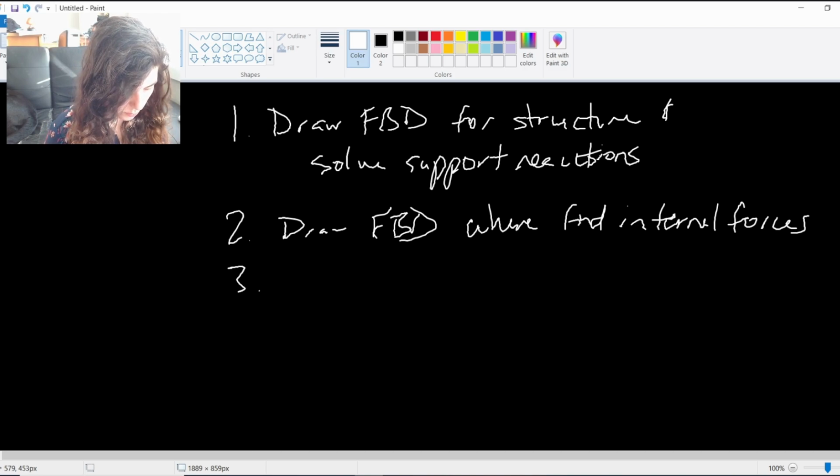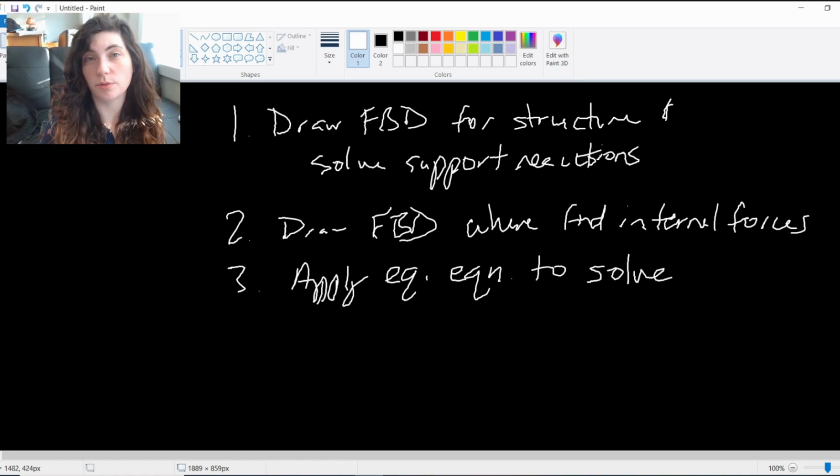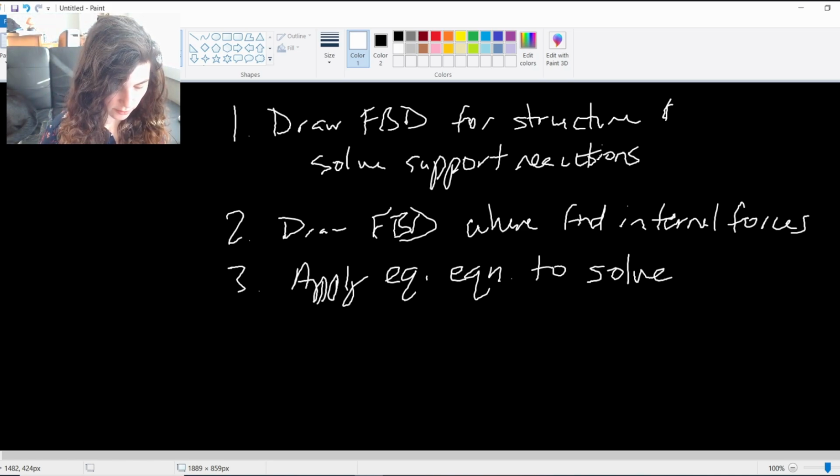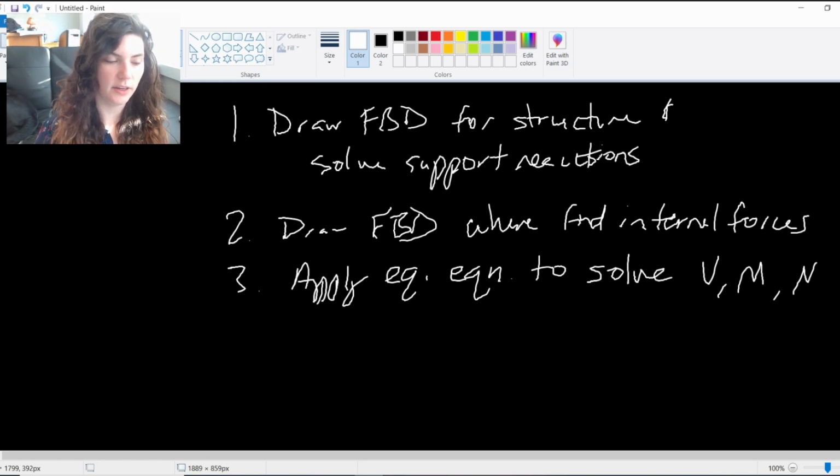And then finally, we'll apply our equilibrium equations to solve for any unknowns. So our unknowns here, typically all three of our internal forces are our unknowns. So we are solving for that shear force, bending moment, and normal force.